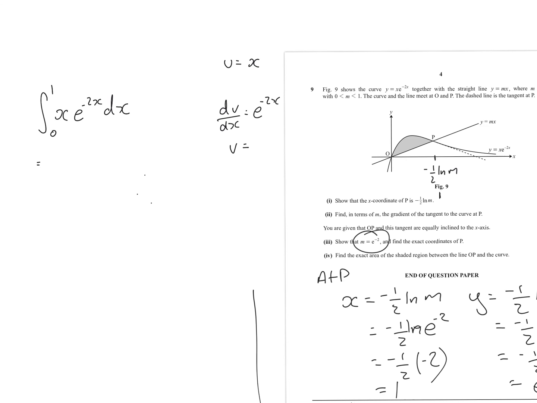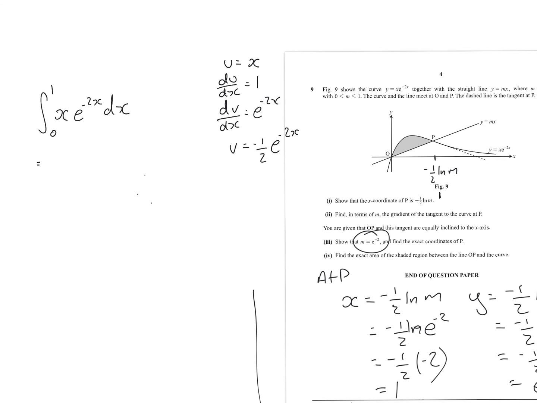How do I integrate e to the minus 2x? 1 over minus 2, so minus a half e to the minus 2x. Those should be standard things that we are happy with. And then du by dx, that's the easy one, equals 1. Okay, so I'm now going to put, happy if I keep going? Yeah.